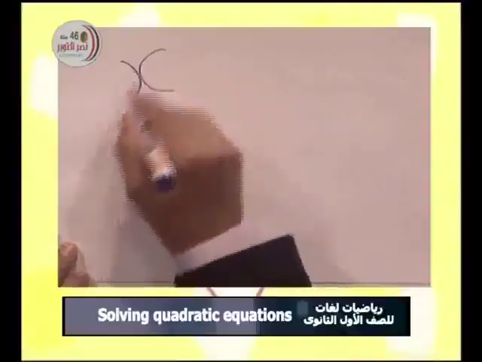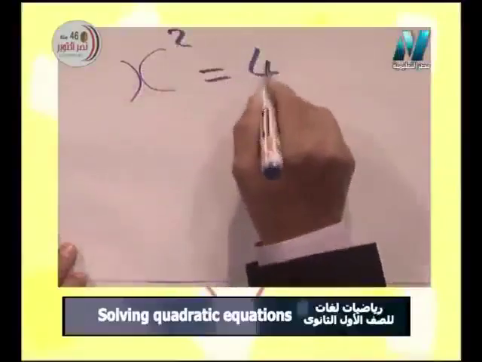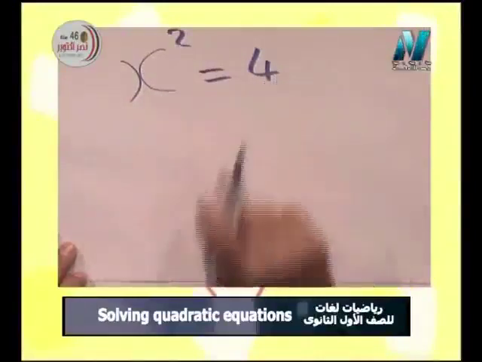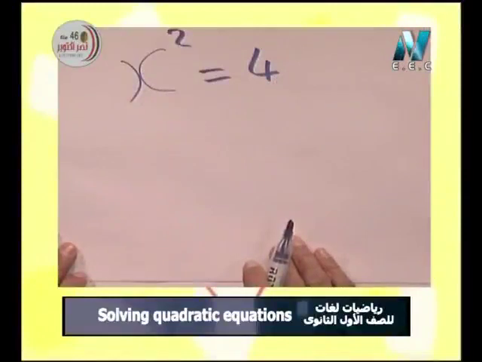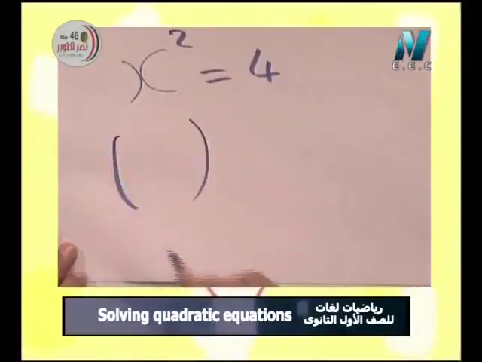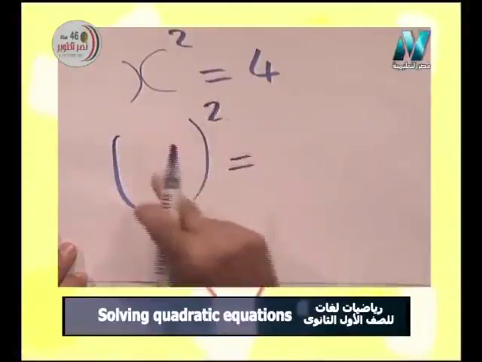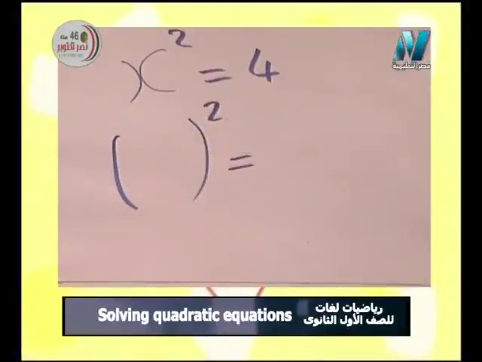Okay, we are going now to discuss another equation, x power 2 equals 4. If we have x power 2 equals 4, we ask ourselves what number power 2 equals 4.